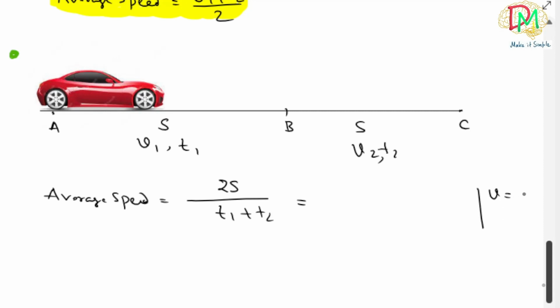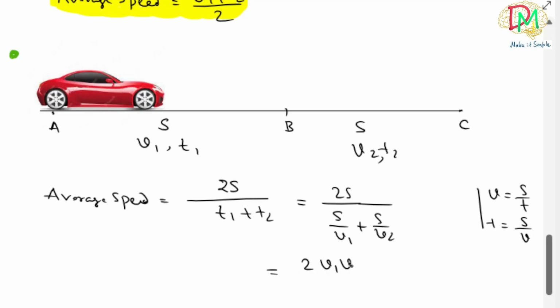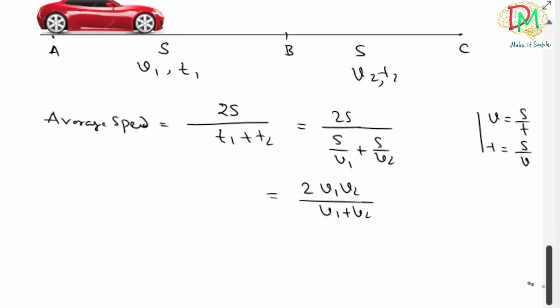We know that v is equal to s by t, so t is equal to s by v. So for the distance AB, h by v1, plus h by v2. From here we can write directly v1 v2 by v1 plus v2. In the numerator and denominator the h cancels out. So this is the shortcut: 2 v1 v2 by v1 plus v2.